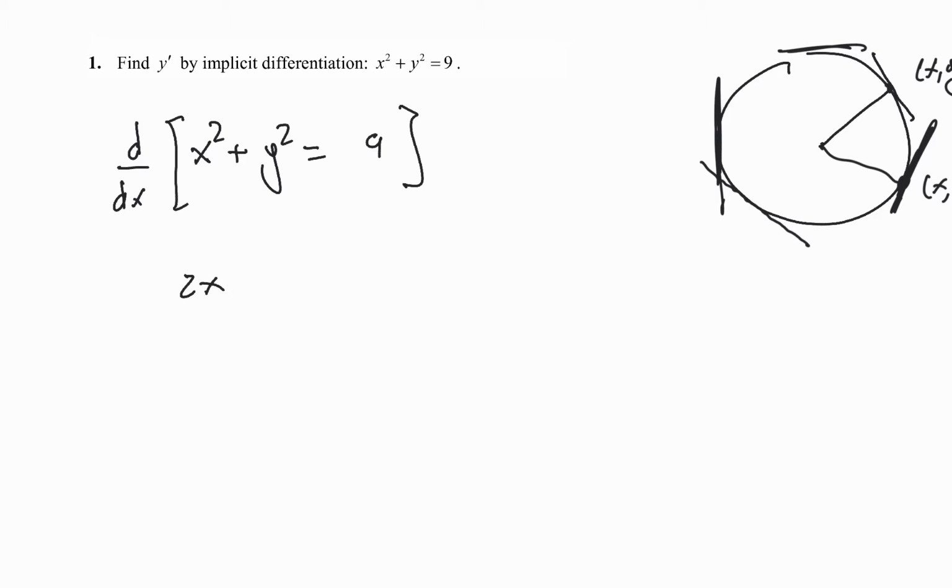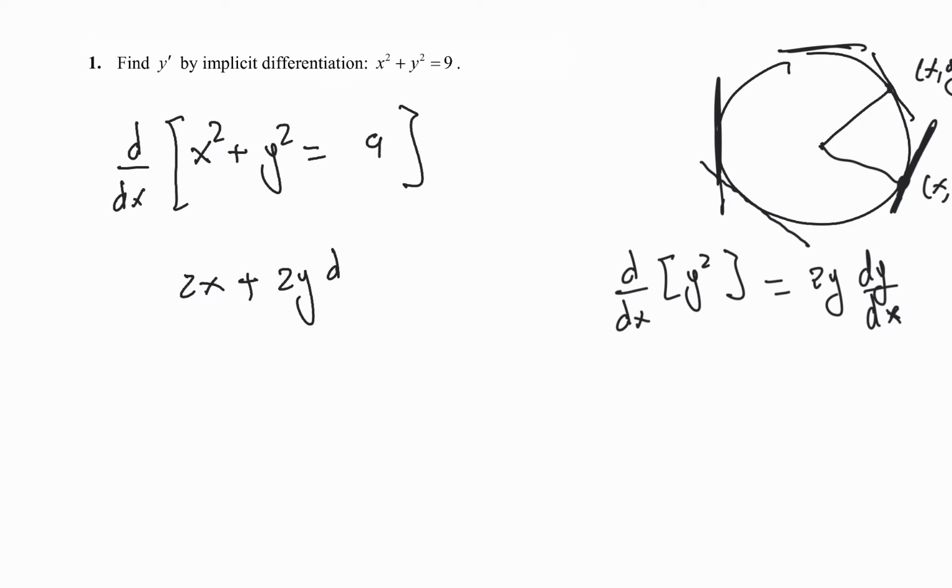What is the derivative of y squared? Well, the power rule mixed with the chain rule says that the derivative is 2y multiplied by the derivative of y with respect to x.